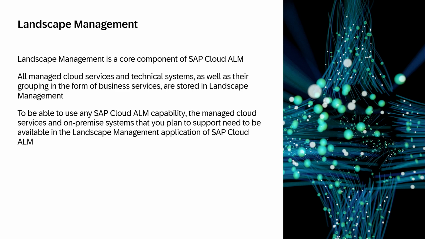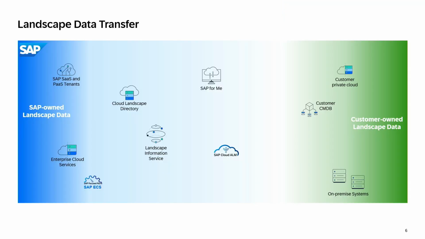You can also group them together in what we call business services, and this is all stored in landscape management. Bottom line is that any SAP Cloud ALM capability or use case that in any way deals with cloud services or landscape objects, in the end depends on our landscape management.